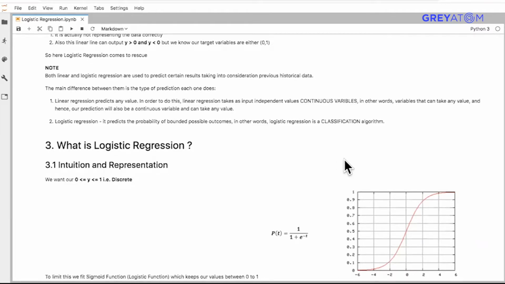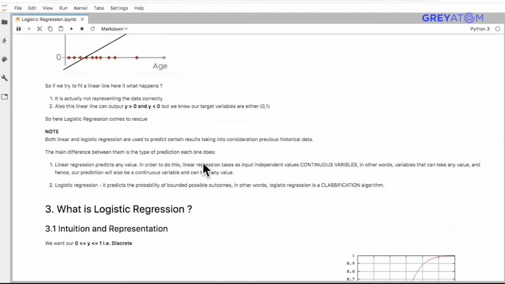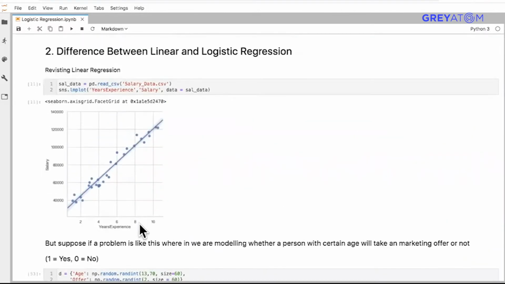So Chetan asked this question, why is this named regression though, as it is used for classification? So Chetan, it's called regression because we are predicting something, just like in regression here, we are using years of experience to predict something.